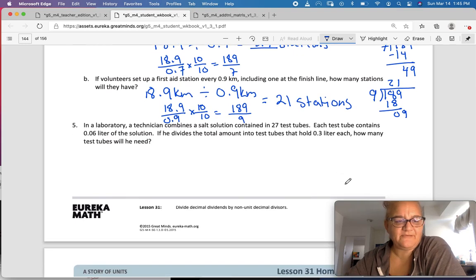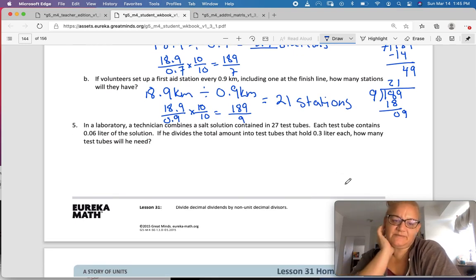Great. Number 5. In a laboratory, a technician combines a salt solution containing 27 test tubes. Oh, this is just like what we were talking about in science, mixtures and solutions. All right, so they have a solution with salt in it in 27 test tubes. Each test tube contains 6/100ths of a liter of the solution.